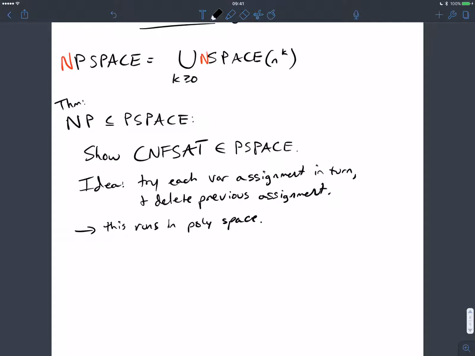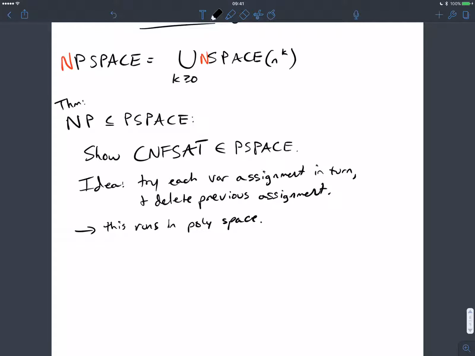What about PSPACE and NPSPACE, the non-deterministic version? Well, NPSPACE is definitely at least as large as deterministic space, because I don't have to use non-determinism.